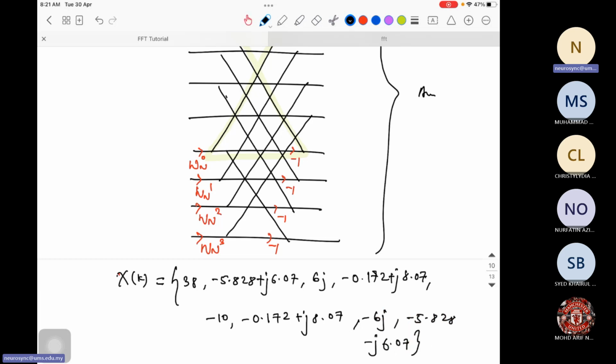This output you should get. So you can cross check your output. This should be minus, I guess. This is minus.